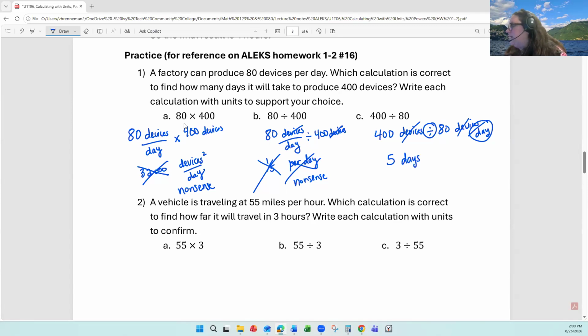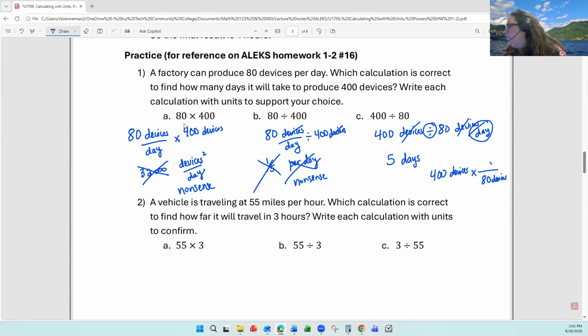I can also look at this as 400 devices and rewrite the division as multiplying by the reciprocal, the flip. So times, and put my 80 devices on the bottom and my day on the top. The devices on the top and bottom cancel, and the remaining unit is the day. So this would be the one to use.